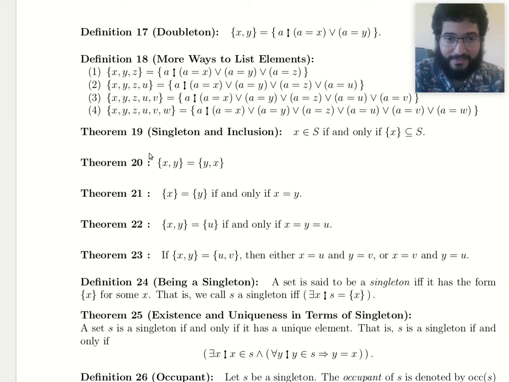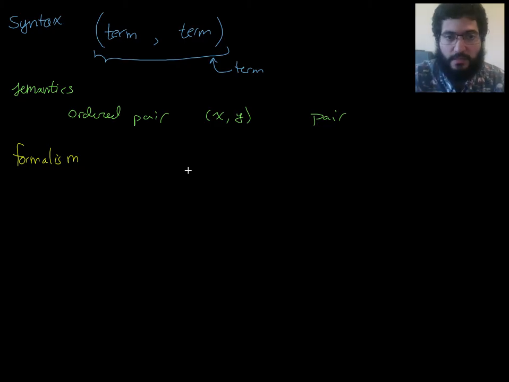So this is partly why I've been drawing sets as bags of elements. They don't care about the order in which things are written. They just, for any given thing, it's either in there or it's not, and that's it. That's the only information that's contained in a set. An ordered pair is going to be different from a doubleton because it does care about the order in which things show up.